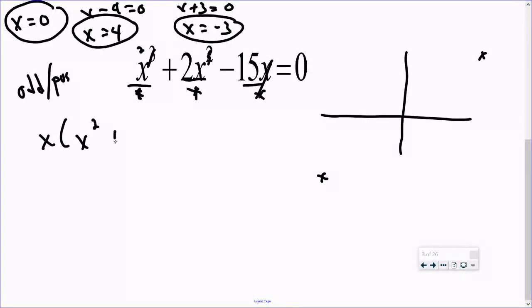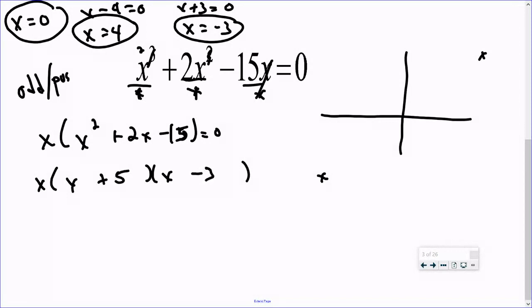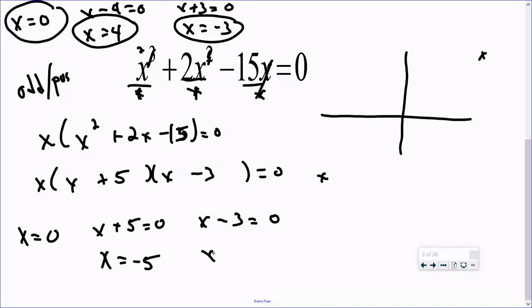So it's x squared plus 2x minus 15 equals 0. What multiplies to make negative 15 and adds up to make 2? Well, 5 and negative 3. Set each factor equal to 0 and solve. We'll subtract 5 from both sides, add 3 to both sides.